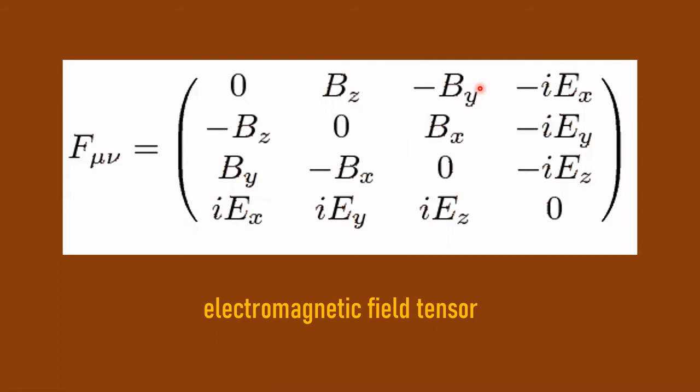And that's generally true of what's called an anti-symmetric tensor or anti-symmetric matrix. Anti-symmetric because the entry in the second row, first column is the negative of the entry in the first row, second column. Like 2,1 and 1,2, they're negatives of each other.